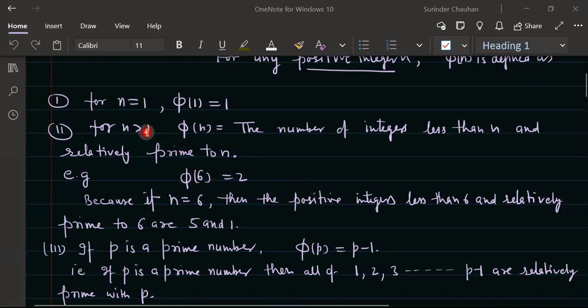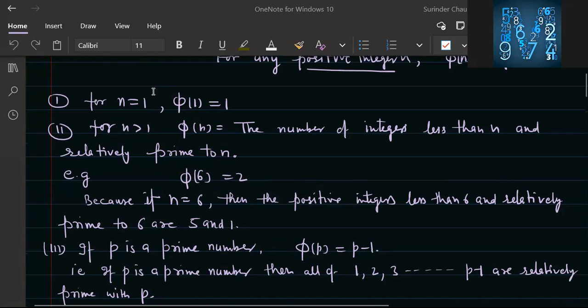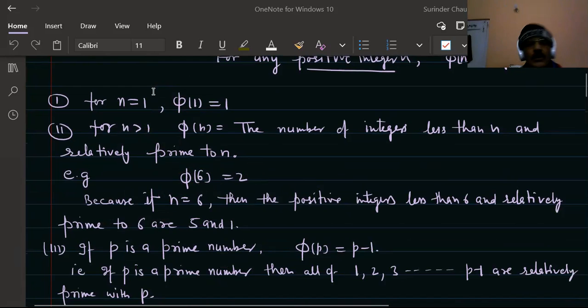Suppose n is equal to 6. So phi 6 will be equal to 2. Why is this 2?